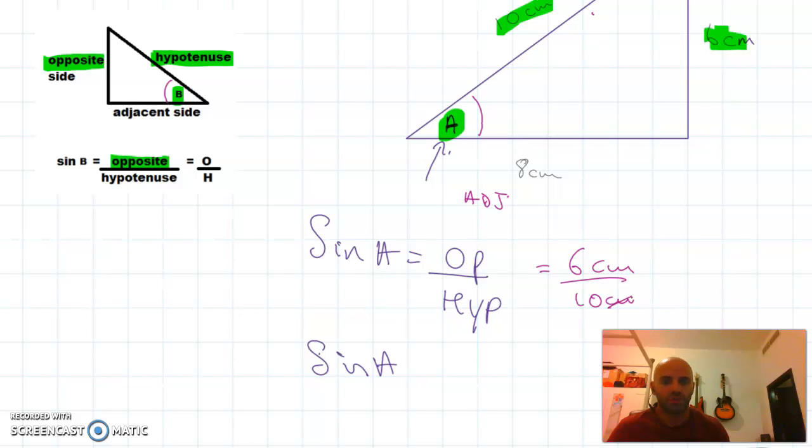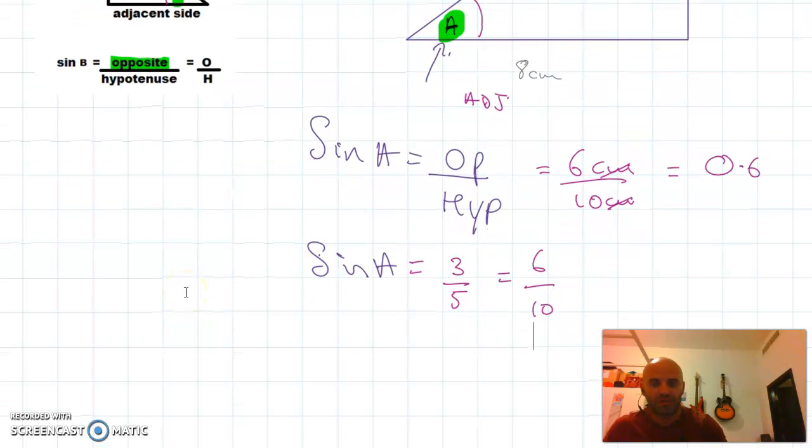Now, you should notice that the units cancel and leave me with 0.6, okay? Which means that the sine of the angle A turns out to be 0.6 or 3 over 5, or you could just leave it as 6 over 10, or whatever you like, really.